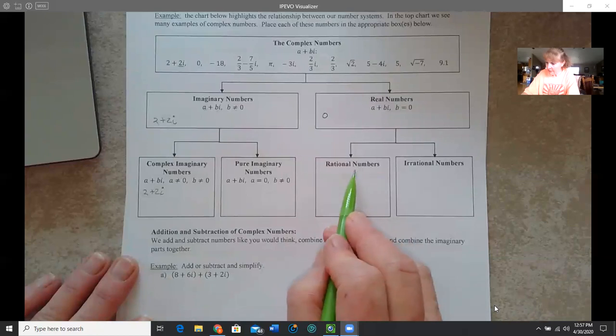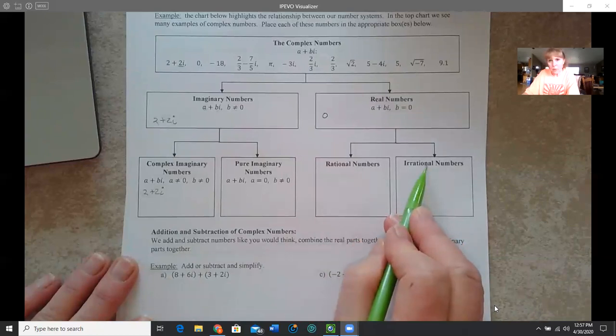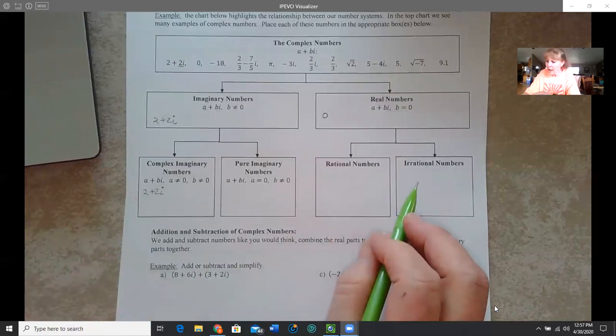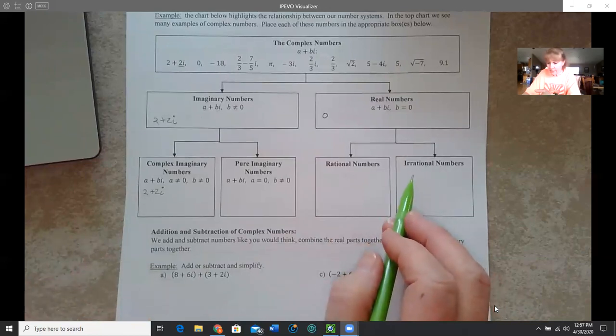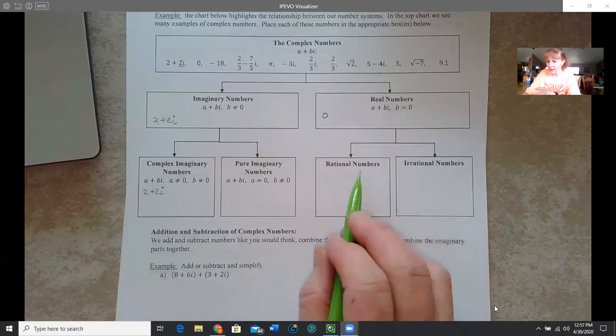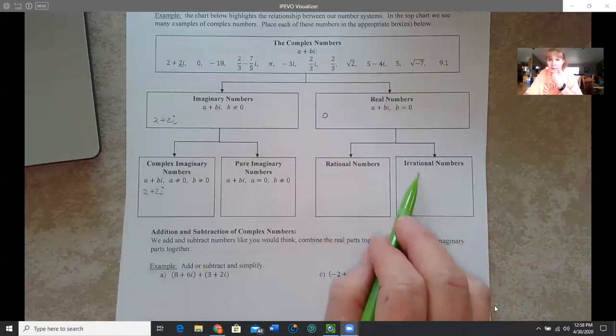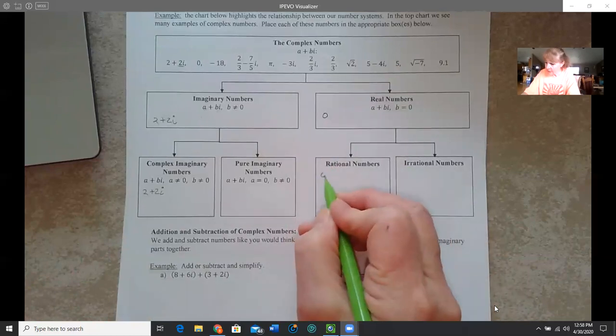Is it rational or irrational? Well, we know irrationals are things like pi, square root of 3, anything that's not a fraction, anything that's not a decimal that repeats or a decimal that stops. These are decimals that keep going without repeating. So 0 would be a rational number.